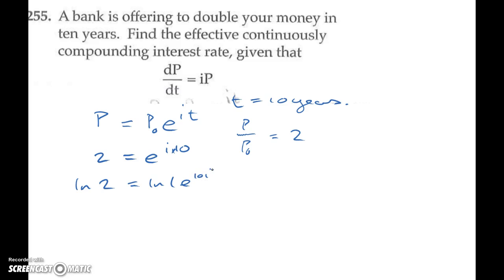I standing for interest, not complex numbers. Natural log of 2 equals 0.69 is equal to 10I. So I need to divide both of those by 10.